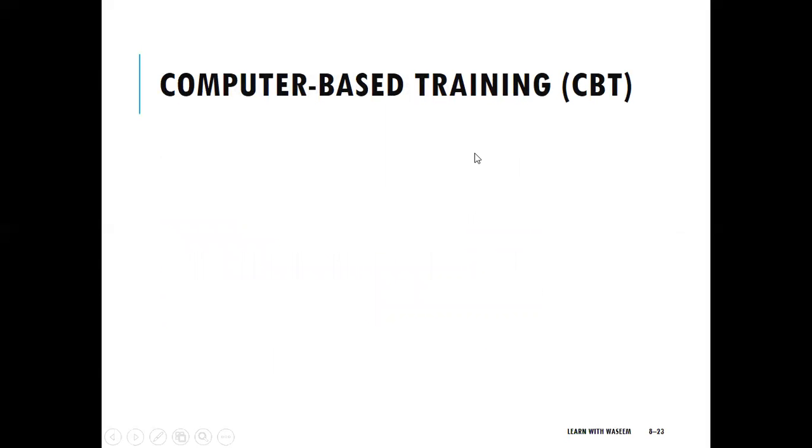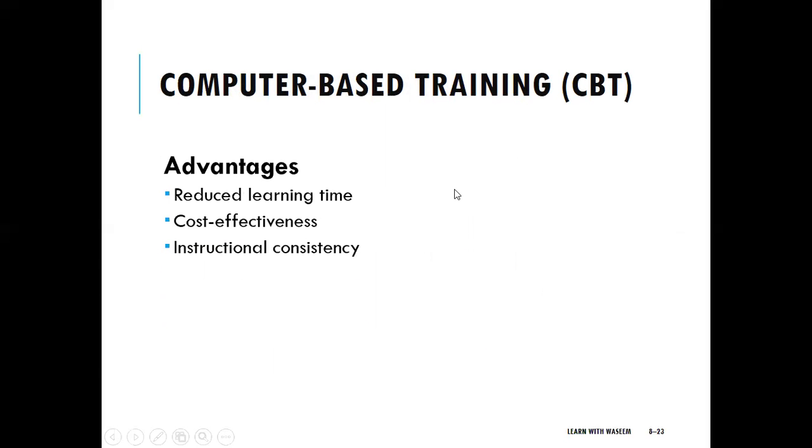Okay, and another one is computer-based training, very important. Computer-based training refers to training methods that use interactive computer-based systems to increase knowledge or skills. For example, employers use computer-based training to teach employees safe methods for avoiding falls.